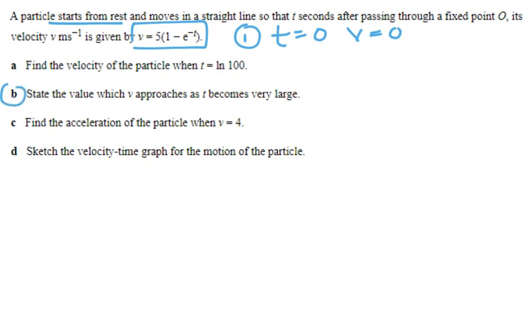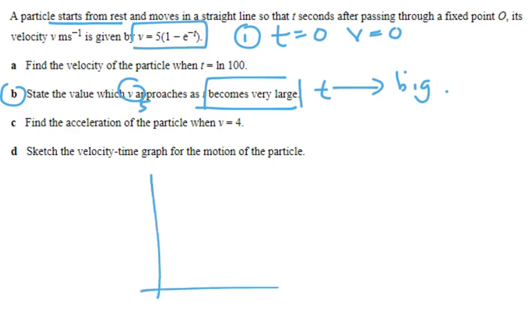And from part B we also found that when t becomes very large, the maximum value of velocity will be 5, which means that the value of v will never exceed 5. So for the velocity-time graph, it is just a sketch, with velocity on the y-axis and t on the x-axis. It starts from (0, 0).